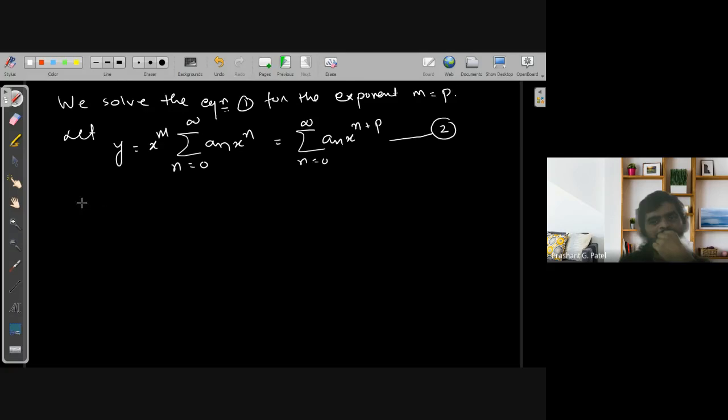And this is valid for some mod x less than r, where r is greater than 0.